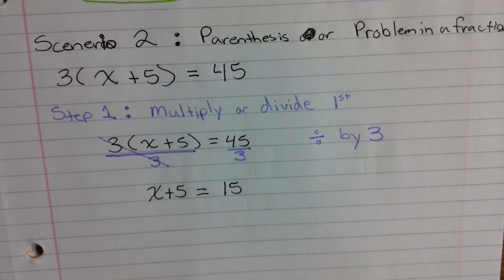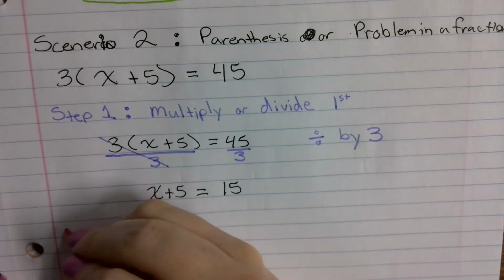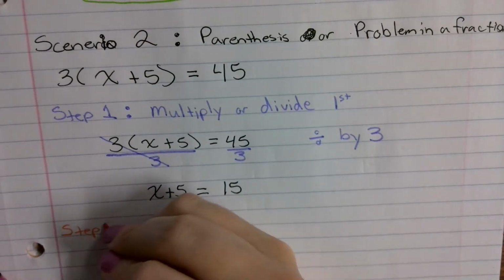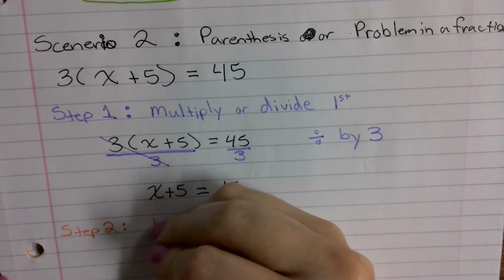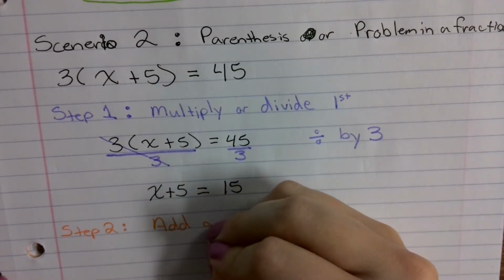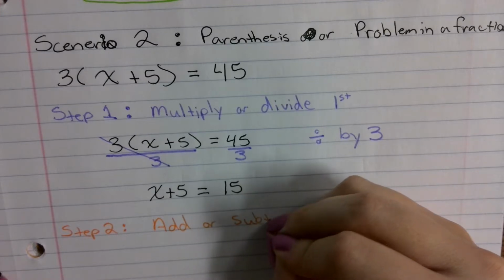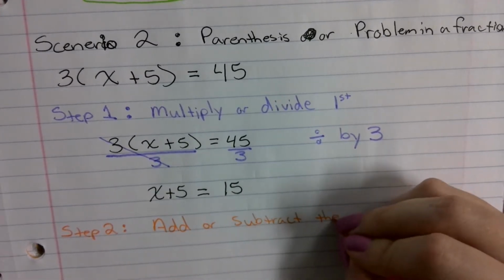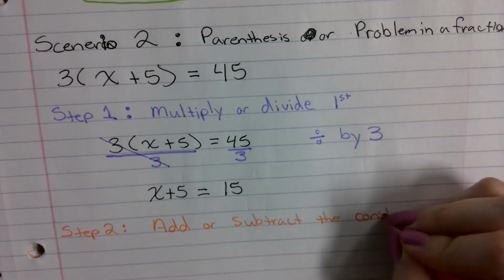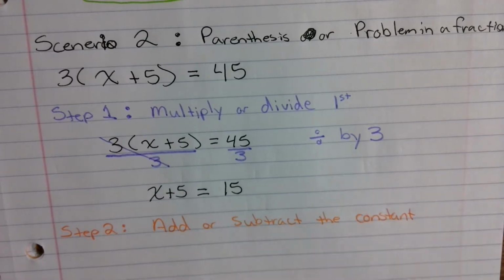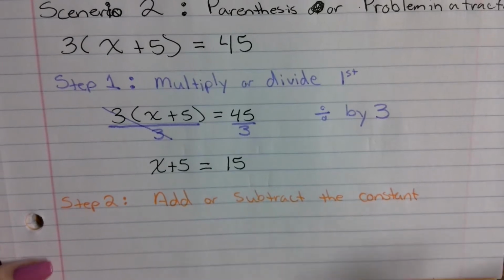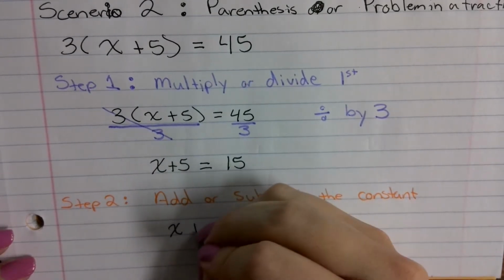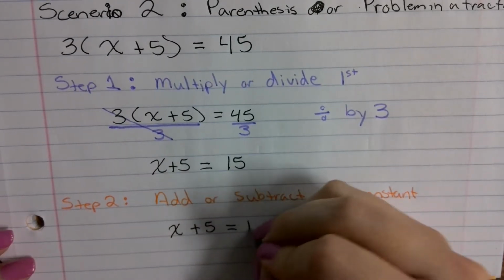Then I move on to step 2, which is to add or subtract. So we use addition or subtraction with the constant. So we did have the problem x plus 5 is equal to 15.